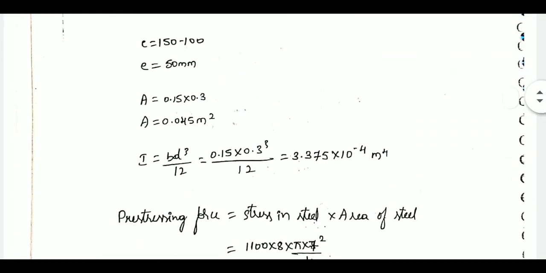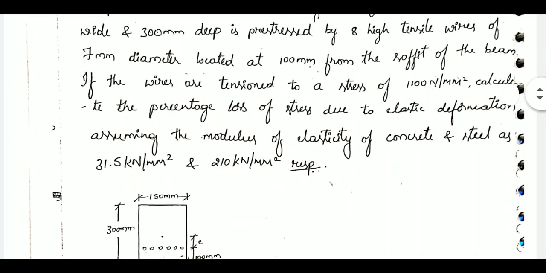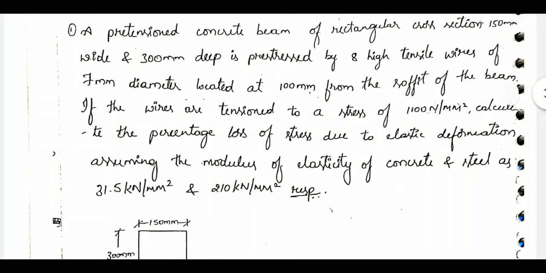And in question, the pre-stressing force is not given directly. Here the number of wires and the diameter of the wires is given, and a stress per mm square area is given.